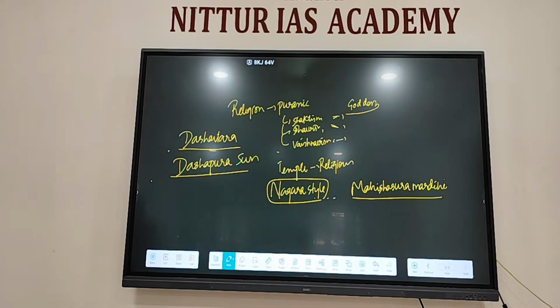Jainism and Buddhism continued and were also supported by Guptas, which led to emergence of monasteries, Buddhist monasteries and Jain temples, Jain sculptures and Buddhist sculptures.